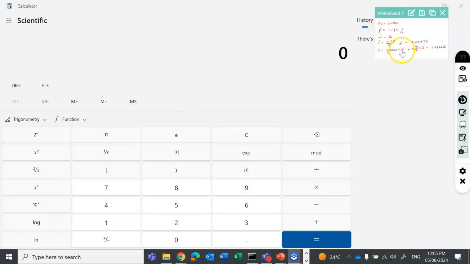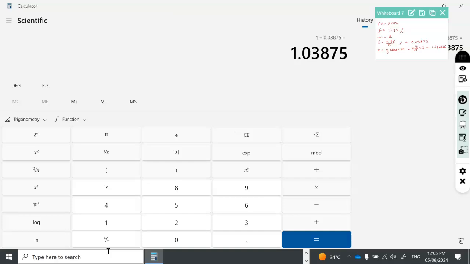First we will calculate (1 + i)^n. So 1 plus 0.03875, and then the exponent is 11.666666. Make sure you consider the 6 decimal places and you will get the values.